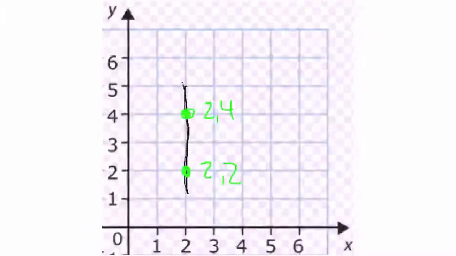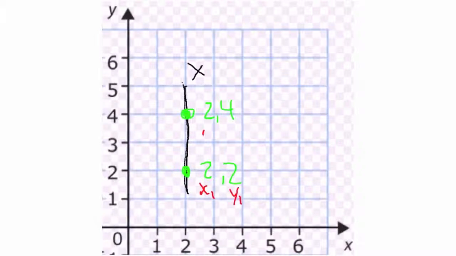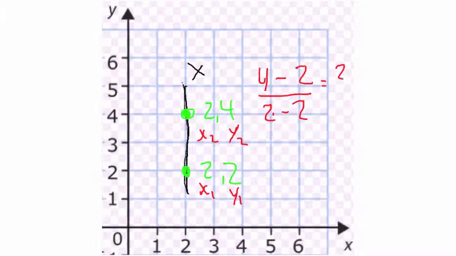Okay, so now let's look at a different line, titled X, and as you can see it is a vertical line. Now let's try and take the slope of this line, just putting the x1, y1, x2, y2s under the coordinates, and by taking the slope we have y2, which is 4, minus y1, which is 2, divided by x2, which is 2, minus x1, which is 2, which gives us 2 over 0.